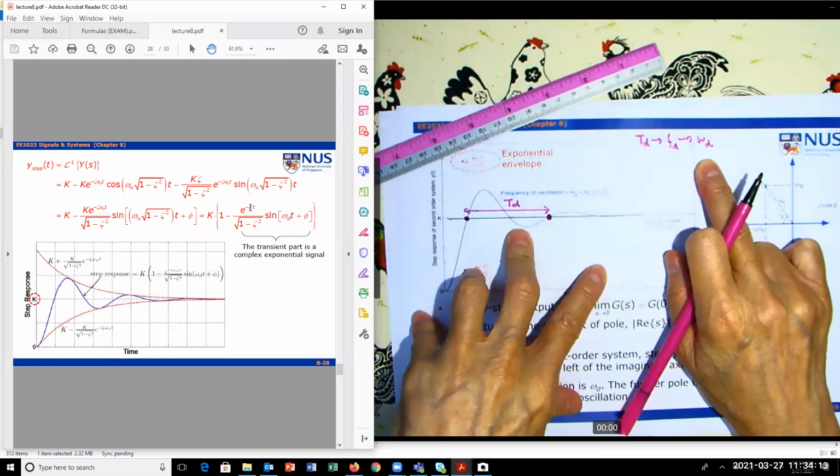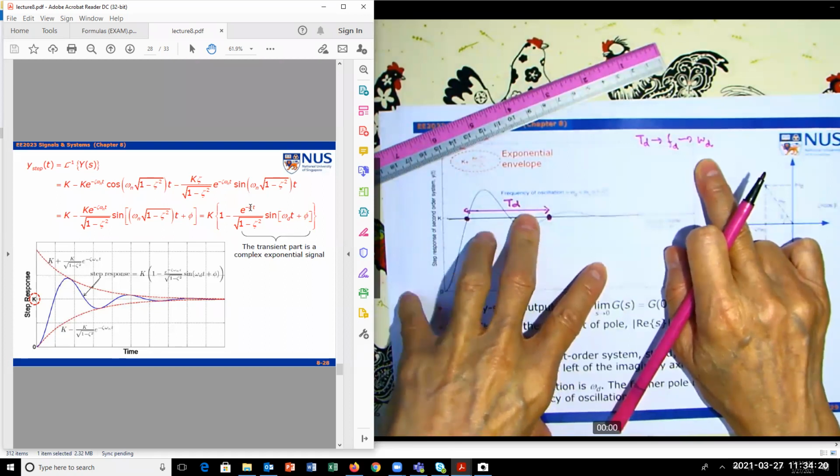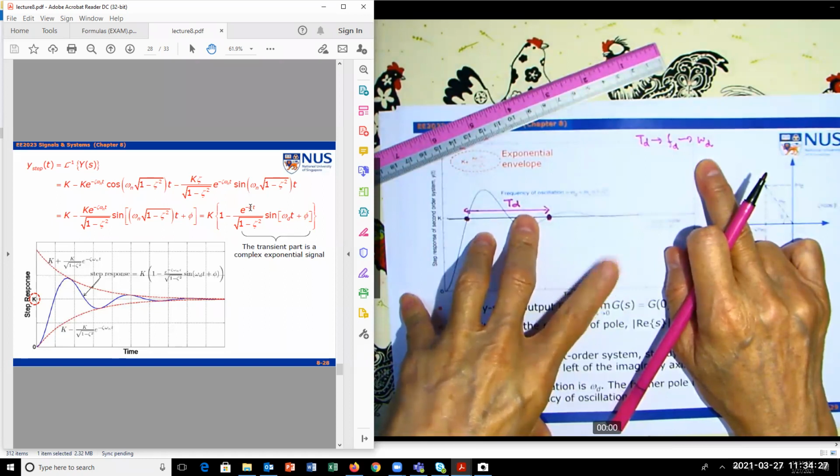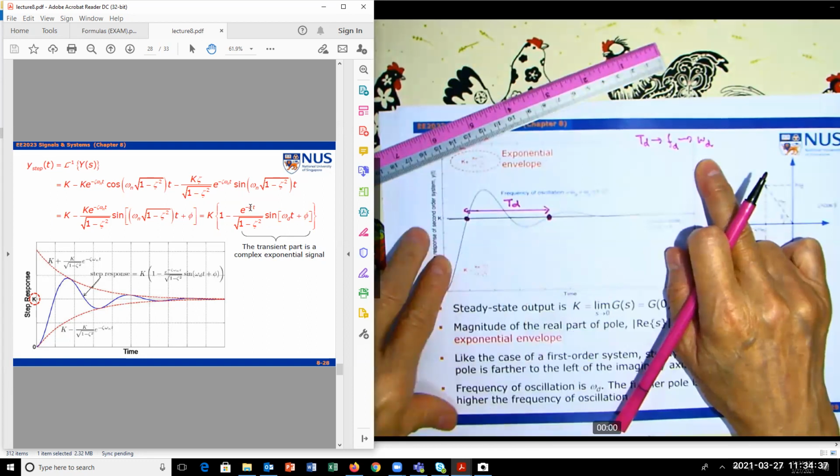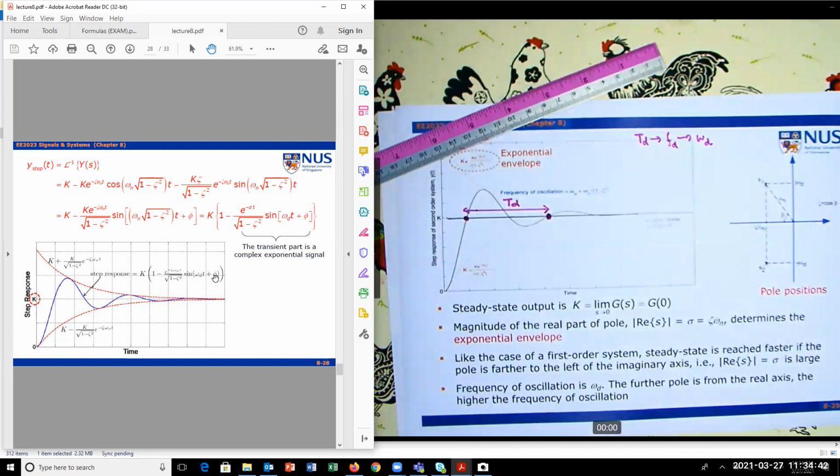Any questions here? As I said, if you look at the formula, the sinusoid here has a frequency of omega d.